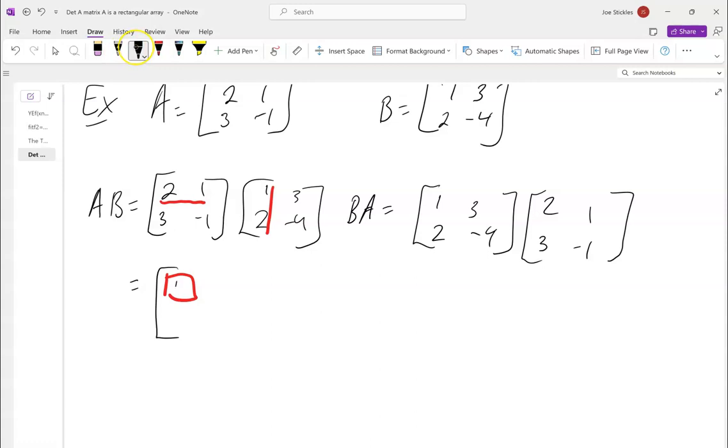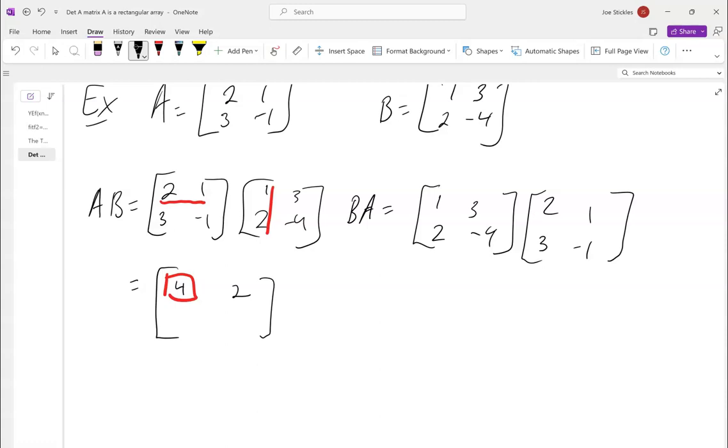And so that gives us 4, because we'll get 2 plus 2. How about if we go across to the next one, up in the upper right corner, what do we get? Okay. 2 times 3 plus 1 times -4. So we get 2. We agree with that? 2 times 3 plus 1 times -4. So the 6 minus 4.